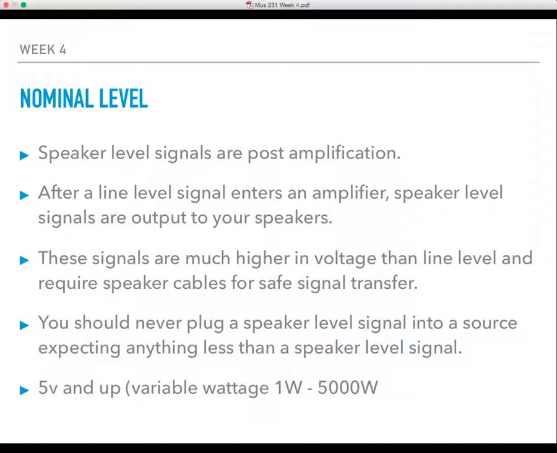Okay. So nominal level speaks to a couple of things. Nominal level has a couple of reference points. If I say turn that up to a nominal level, what I usually mean is the loudest a signal can be coming into a system with some comfortable amount of headroom.